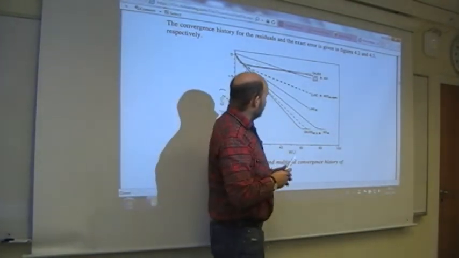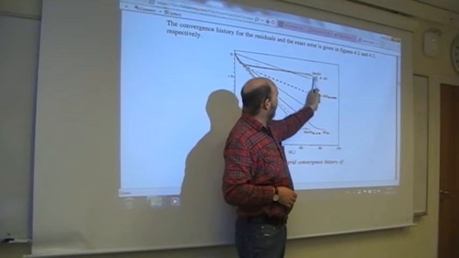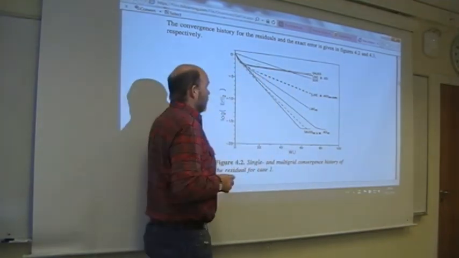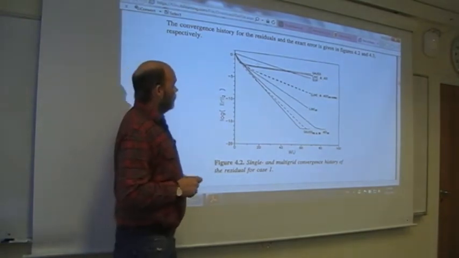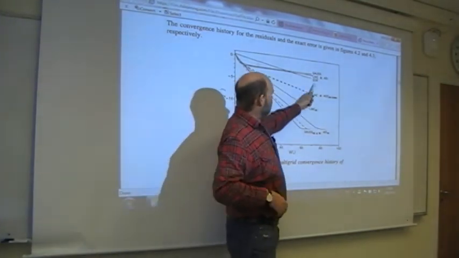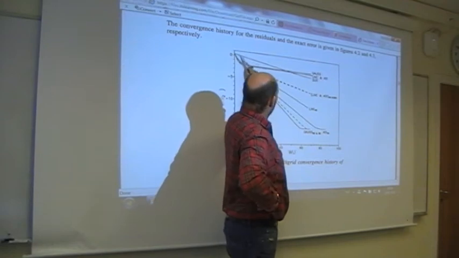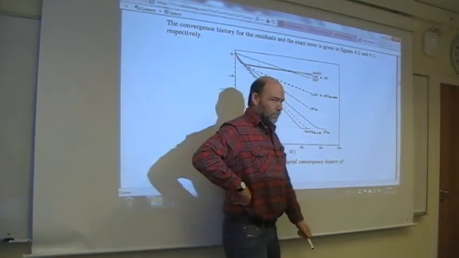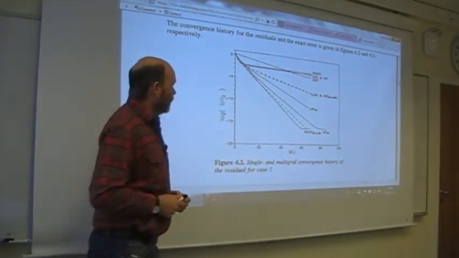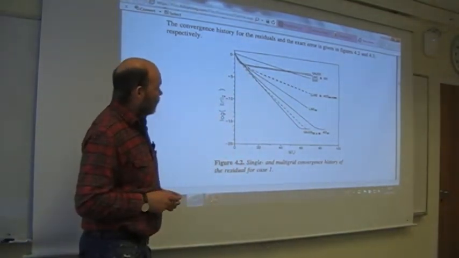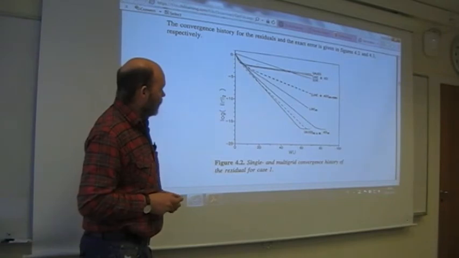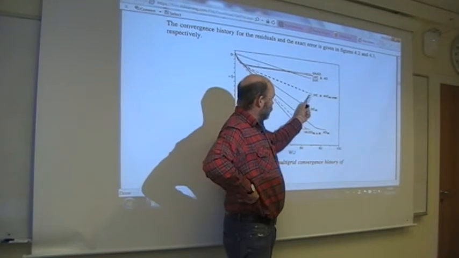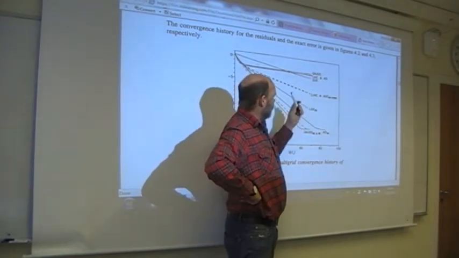The line solvers, Zebra, ADI, are not so efficient either. And SOR with a fairly decent omega is actually more efficient. Not in the beginning, but it will beat them in the end. So it's not so bad. But now look at the different multigrids. Depending on the choice of smoother, you see the effect.